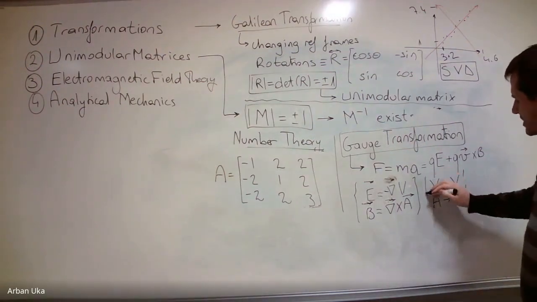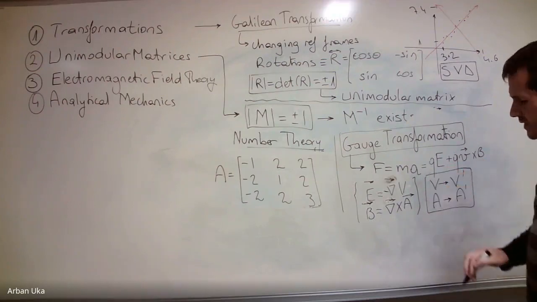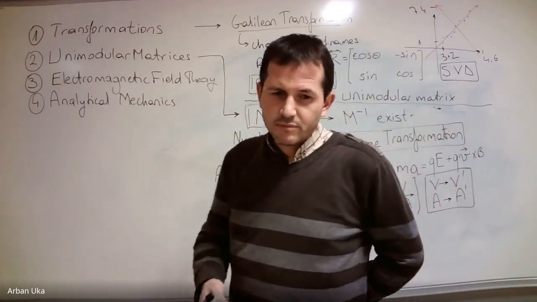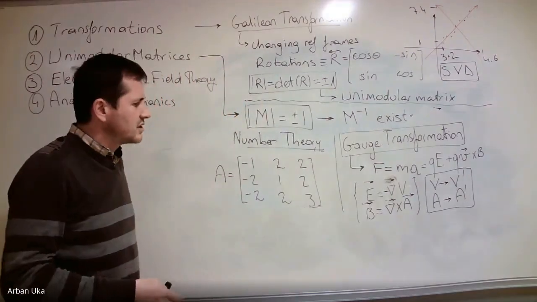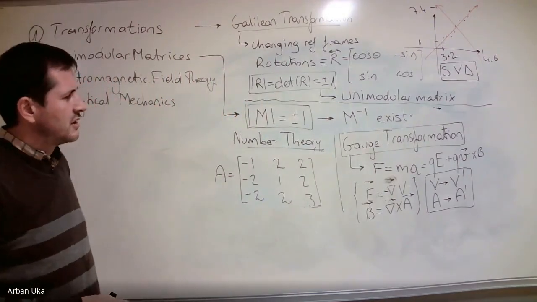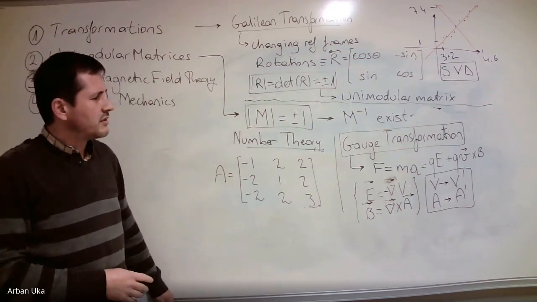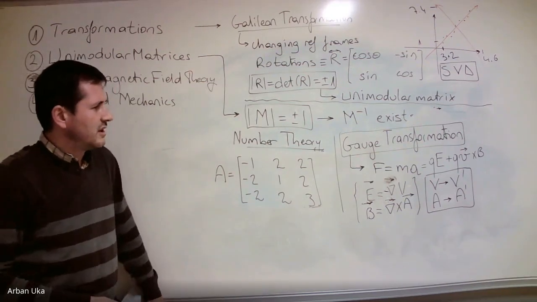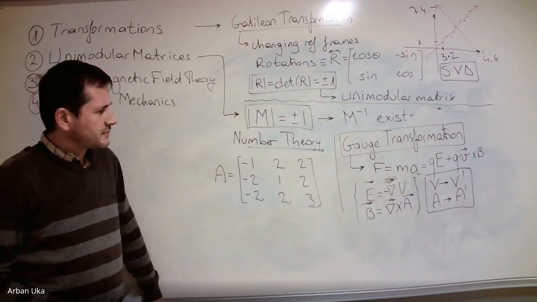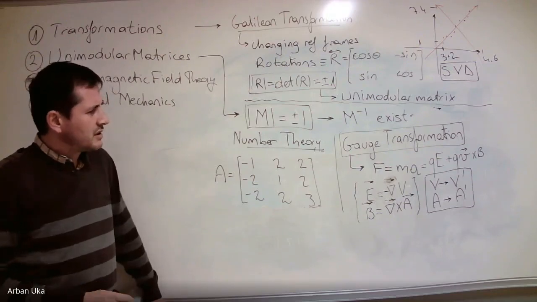Okay, so this is one tricky, important, essential type of transformation that I mentioned when we covered the electromagnetic field theory course. Some of you might remember this, if we have taken this together.